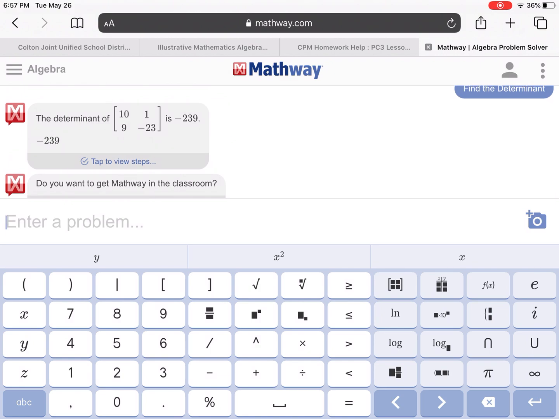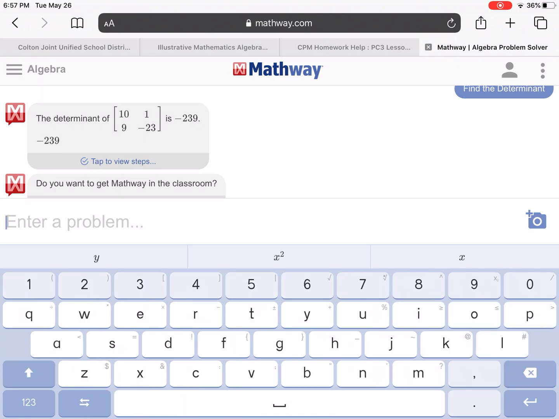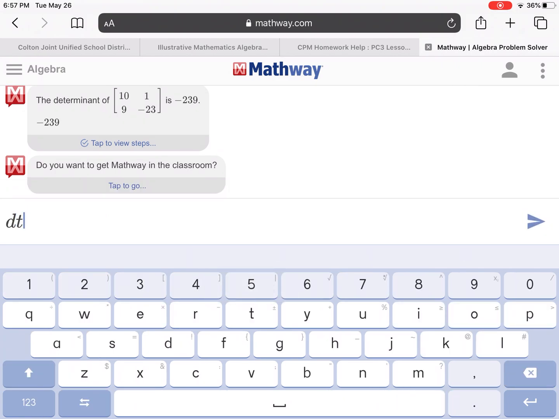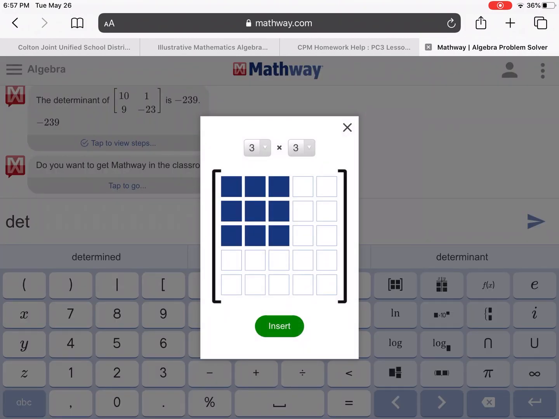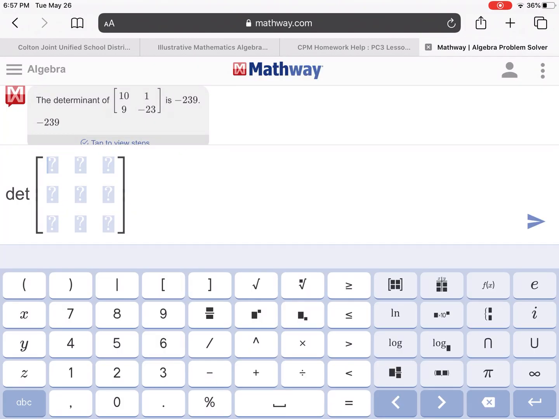The second matrix that we had was a 3 by 3. So again, we can type determinant. Enter our matrix, it's 3 by 3. We add 2, negative 5, 9, 3, 6, and 1, negative 1, 7, and 2.